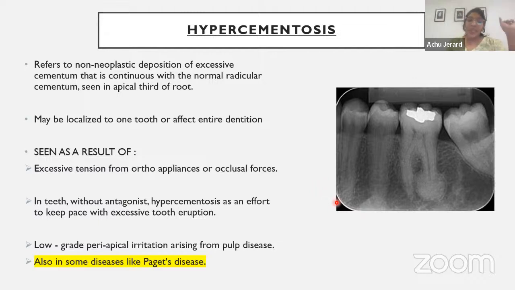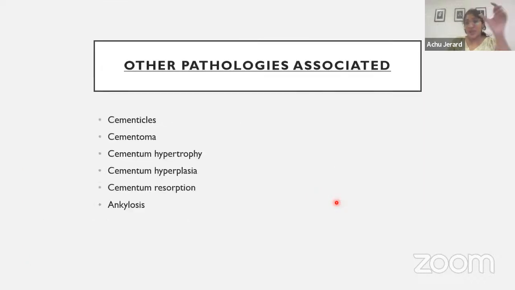Also in cases of excessive force, orthodontic forces and all, you can see hypercementosis. Hypertrophy or hyperplasia are variants of this, where hypertrophy is the increase in size of the cells, and hyperplasia is the number of cells. Anyway, the radiographic appearance will show excessive deposition of cementum in the cemental portion.